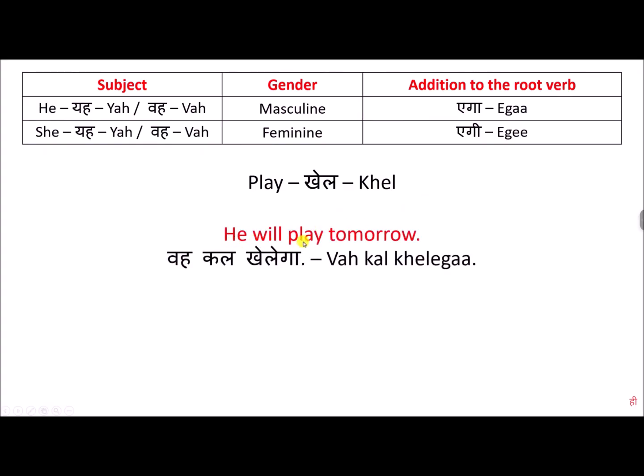He will play tomorrow. वह कल खेलेगा. वह is he, kal is tomorrow, khel is the root verb to which we have added ega. Okay. वह खेलेगा is he will play. Kal is tomorrow.